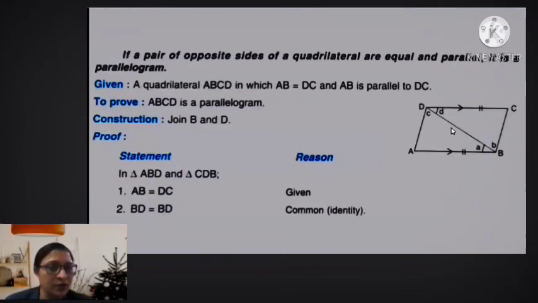So here we join the vertices B and D with the diagonal BD. It forms the two triangles ABD and CDB, where side AB equals side DC, it is given.